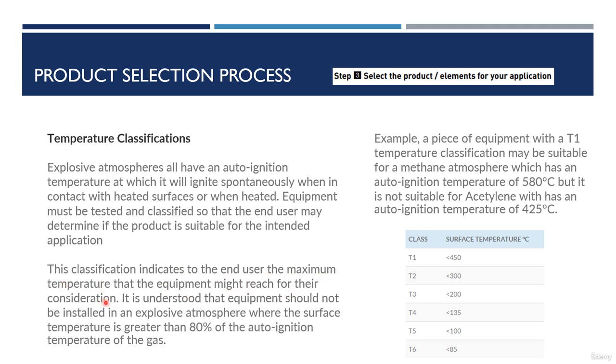It is understood that equipment should not be installed in an explosive atmosphere where the surface temperature is greater than 80% of the auto-ignition temperature of the gas. Example, a piece of equipment with a T1 temperature classification may be suitable for a methane atmosphere which has an auto-ignition temperature of 580 degrees Celsius, but it is not suitable for acetylene which has an auto-ignition temperature of 425 degrees Celsius.